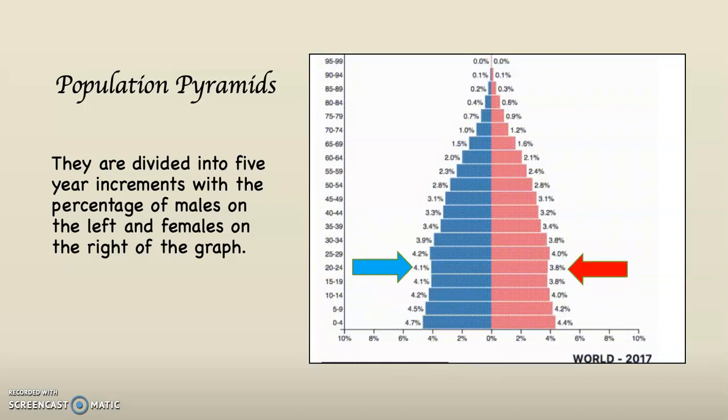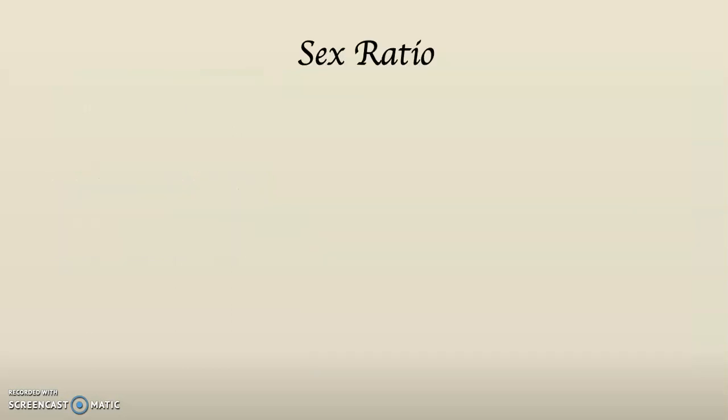If we looked at the world, planet Earth, in 2017, and we examined the 20 to 24-year-old age category, notice that 4.1% of the population was male and 3.8% of the population female. So in that particular category, there were more males than females. Two things go along with population pyramids. Sex ratio is the first.